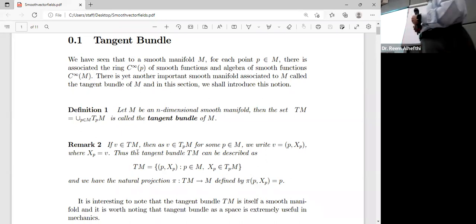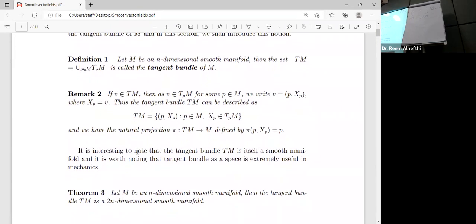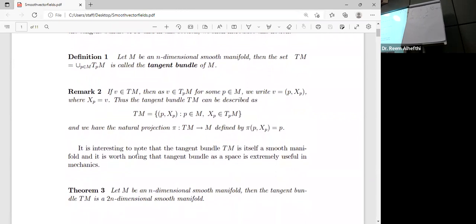Now, a point in the tangent bundle is a point from the manifold as well as a tangent vector at that point. So the tangent bundle can be thought of as TM, the set of all ordered pairs (p, Xp), where p is a point from the manifold and Xp is a tangent vector. The set of all these is the tangent bundle.